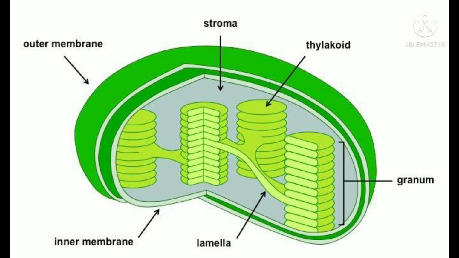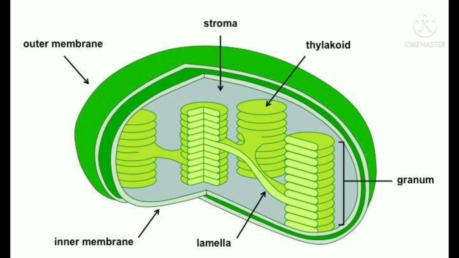So if we study the another term, that is thylakoid. Thylakoids are the flattened sac-like structures, and a group or bundle of sac-like structures is referred to as granum, as it is observed here in the picture.